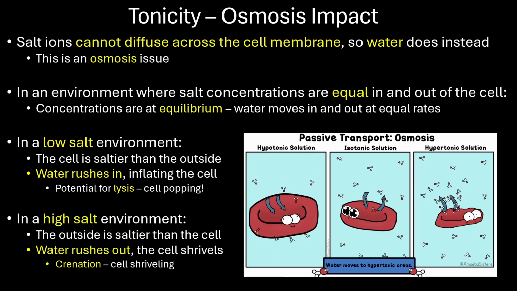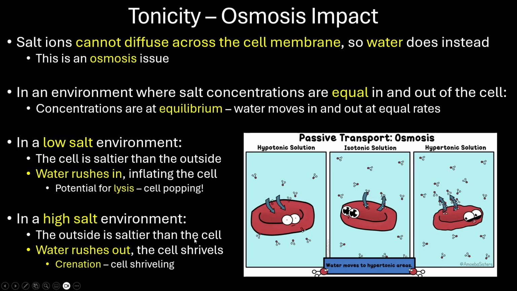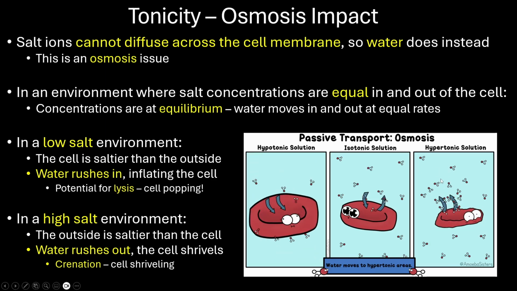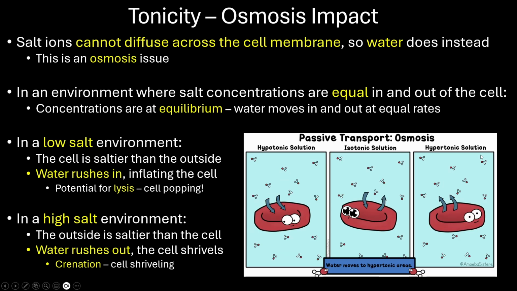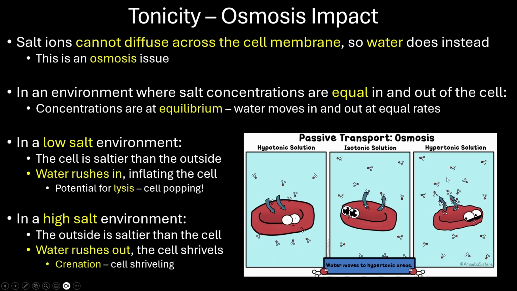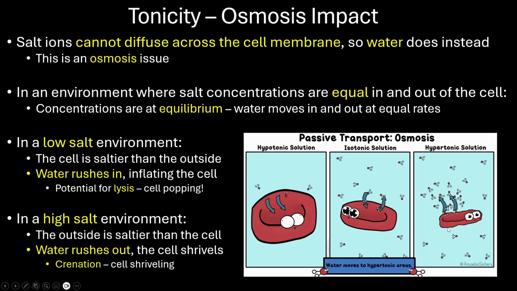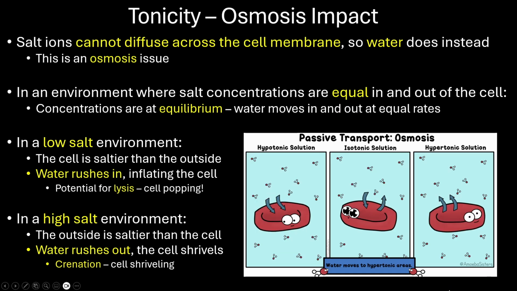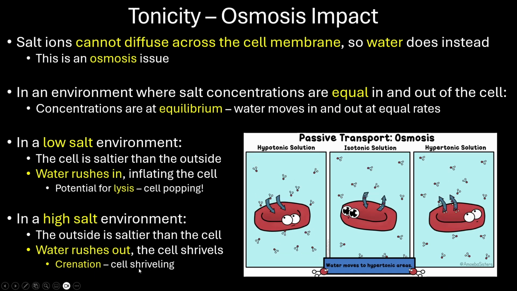So in the case of a high salt environment, we have water that is going to be rushing out of the cell into the salty environment, trying to equalize the concentration of salt that is in the cell versus out of the cell. And the result of that is the cell's going to shrivel up and shrink, and that can be very detrimental for cell function. This is a process we call crenation, cell shriveling.